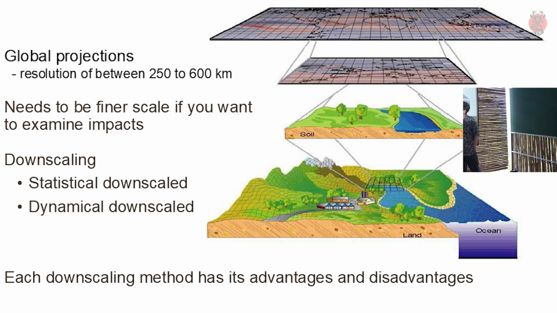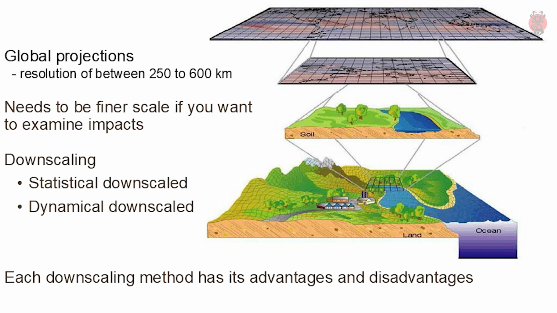There are 2 different methods. One is a statistical downscaling method, which is the one we tend to get the data from the most. The other way is called a dynamic downscaling method, which uses something called a regional climate model. Okay, the reason why most people do statistical is because it's a lot less time consuming in terms of computing time.